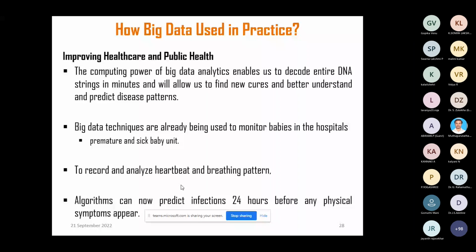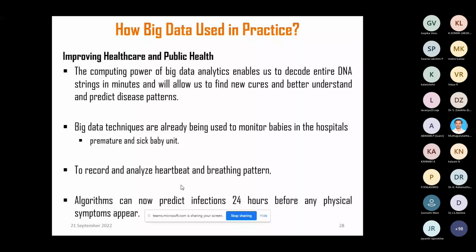More interestingly, algorithms are being developed and adopted on big data platforms to detect a particular symptom before it appears with respect to a disease. Now it is possible for doctors to get such information 24 hours prior.